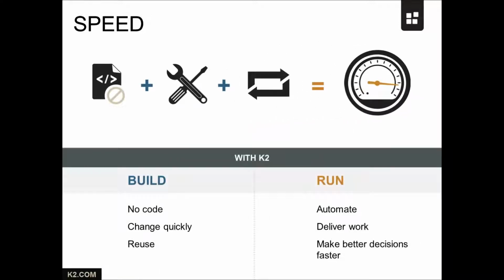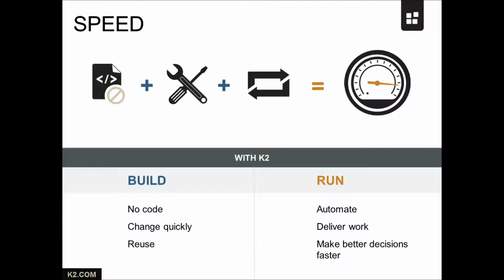On one side, you have how quickly you can build applications, and we see this with clients that are trying to have IT keep up with business and adapt to changing business rules as time goes on. The other side is the runtime perspective, and this is where you see true benefit in reducing the manpower to get work done, reducing time that is wasted in processing orders or system requests.